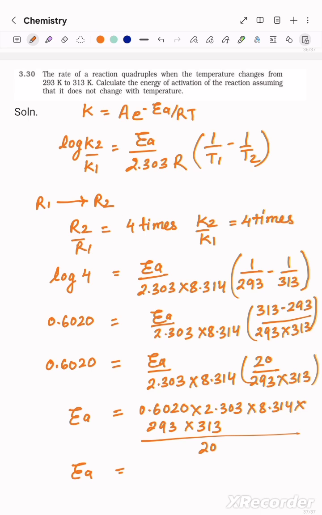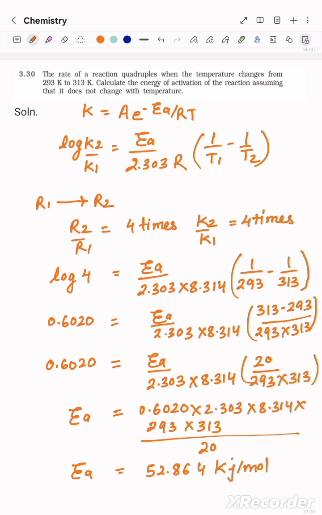Now after solving all this equation we get 52.864 kilojoule per mole.